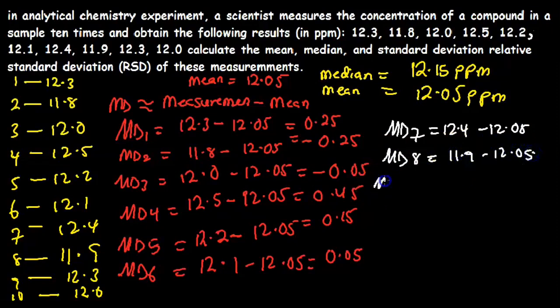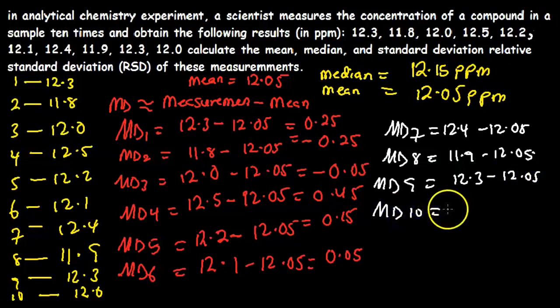The mean deviation for the ninth is going to be 12.3 minus 12.05. The mean deviation for the final, the tenth, is going to be 12.0 minus 12.05.